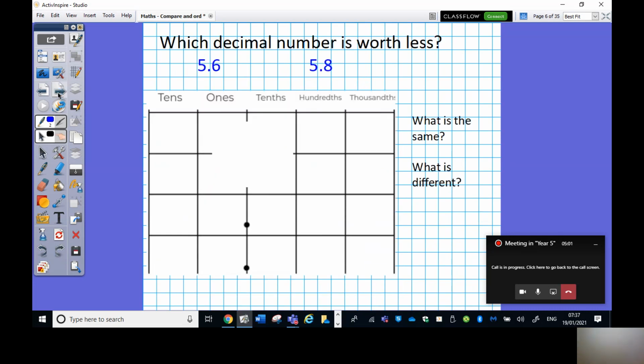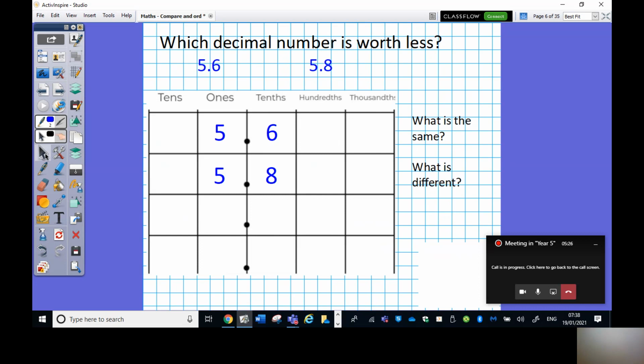Okay, what about this one? Which decimal number is worth less? So the first thing I'm going to do is I'm going to write my digits in my chart. So I've done that here. Take a look at them. What is the same and what's different? Absolutely.